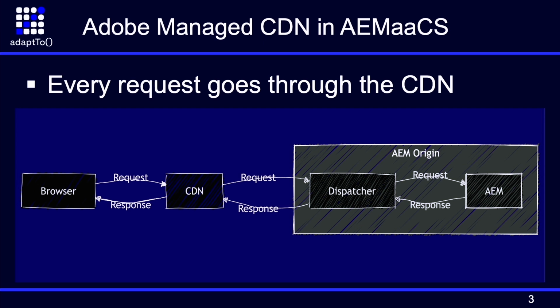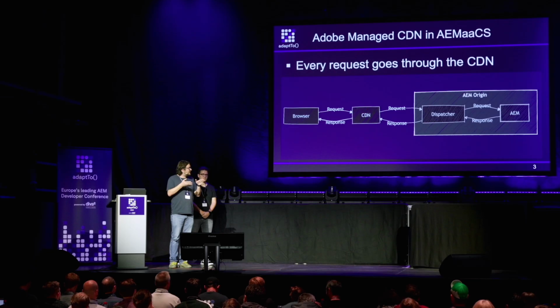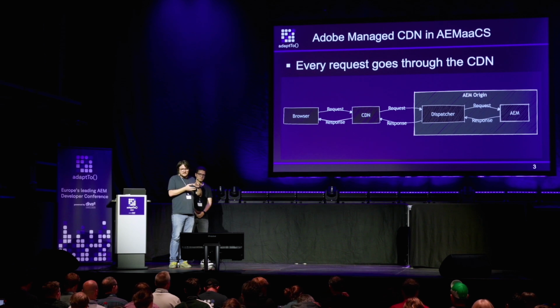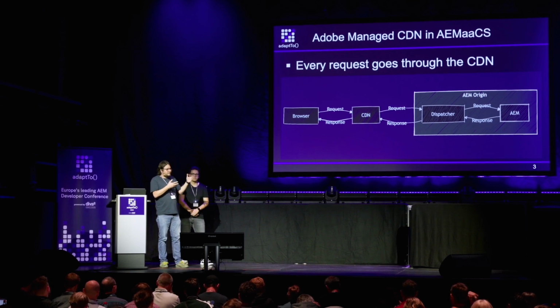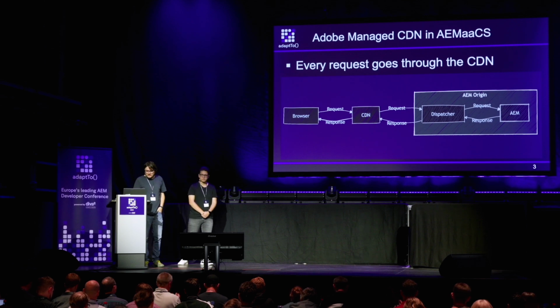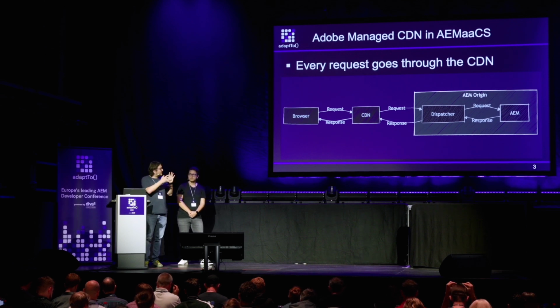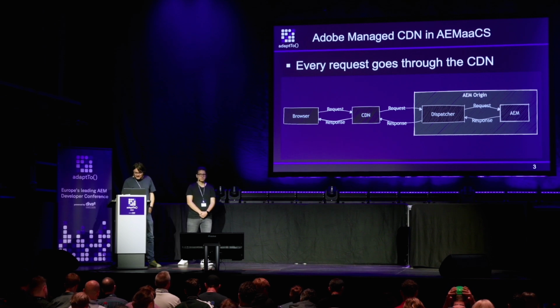It might be a bit confusing. The CDN used for edge delivery is mostly to configure, to expose an origin. Edge delivery is an origin that you typically configure for your own CDN. But we are also supporting an Adobe Managed CDN. It has been recently launched in Cloud Manager, an Adobe Managed CDN that you can configure in front of your edge delivery services.